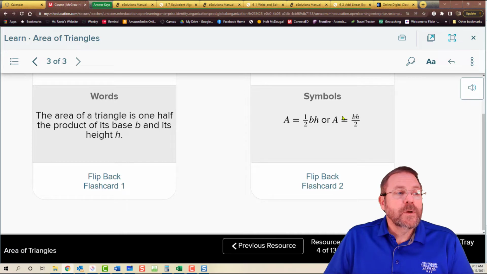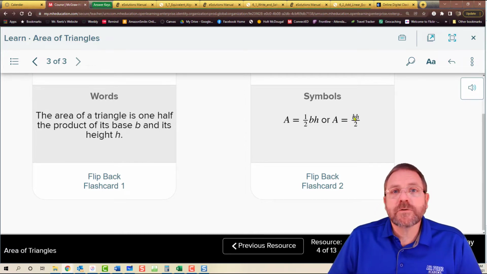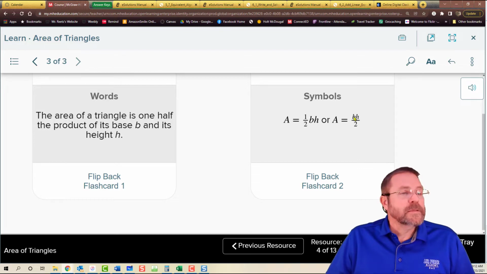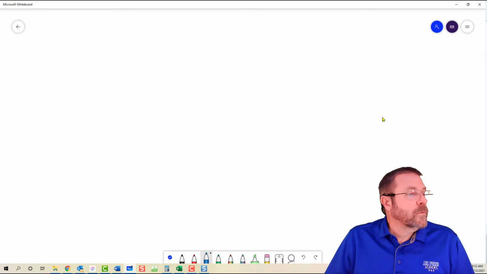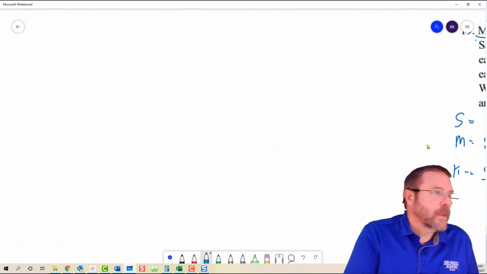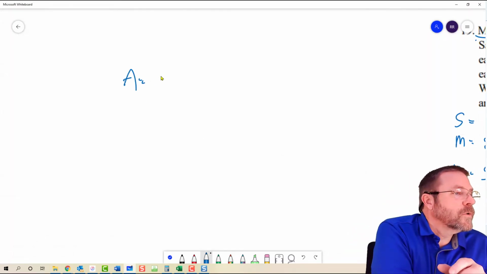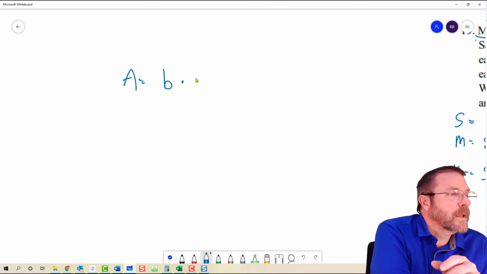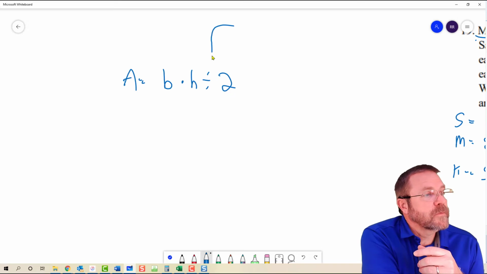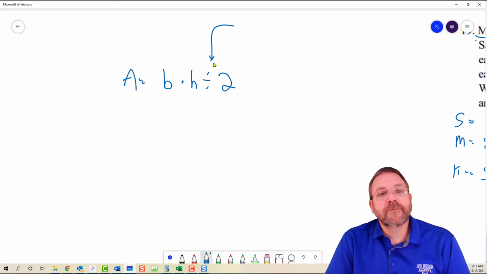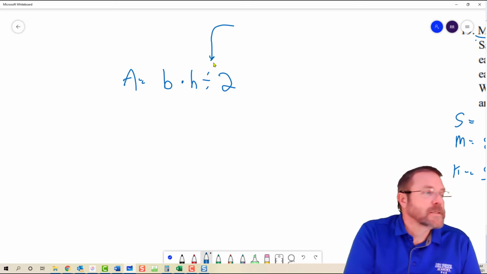Now when I do it, I'm going to be doing this one right here because I find that's easier for y'all to work with. There is a third formula out there that we use as well, and that one would be area is equal to base times height divided by 2, using the vinculum. And this symbol right here, that is known as the vinculum. It divides things.